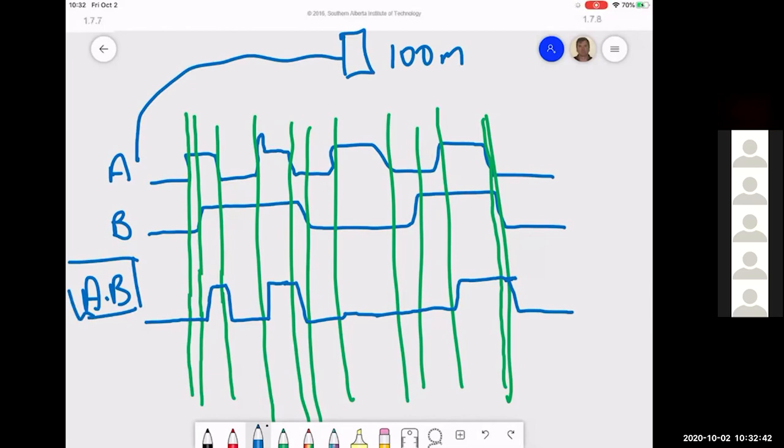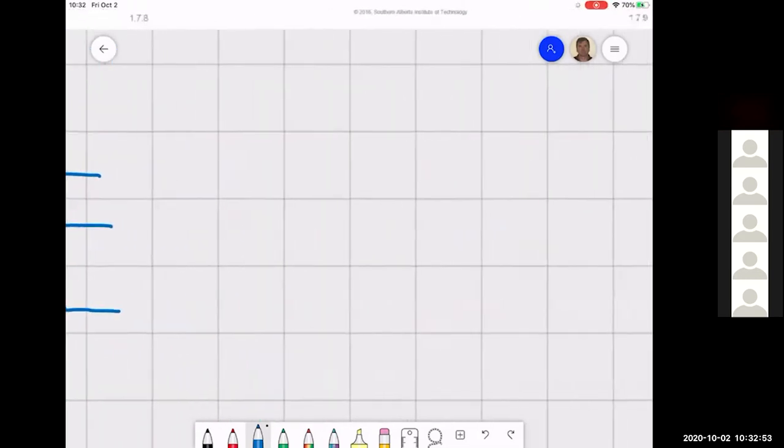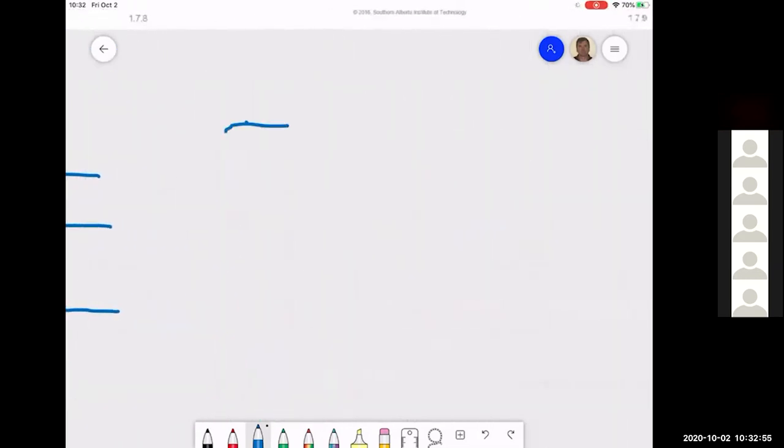I get all these timing issues in the real world. It gets messy. It causes me a lot of problems. So what I really want to do is save A. A arrives, B arrives, and I want to transition at the same time.